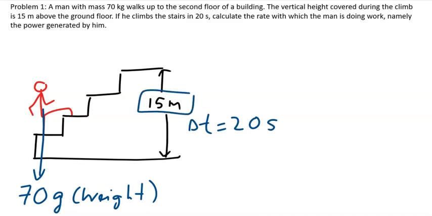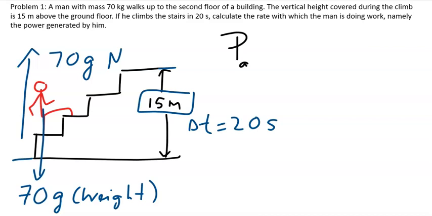And he has to cover 15 meters vertically all the way from the ground floor to the top. So since his weight is 70 times gravity, he has to exert the same amount of force, at least, to go up vertically. So his force has got to be 70 times g in newtons as well. So how to compute the power? Let's call it the average power, because on average he is generating the same force as his weight.